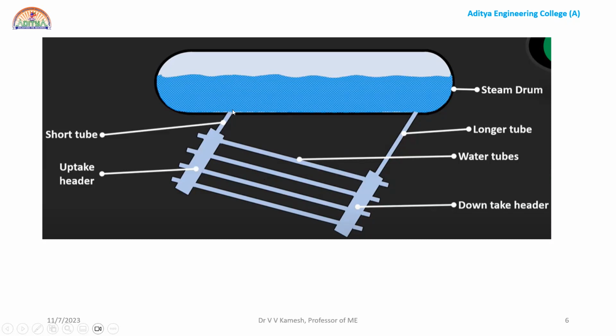Once the water is given an opening, the entire water will fill the longer tube, down header, water tubes, uptake header and short tube. So the entire area will be filled with water, right?